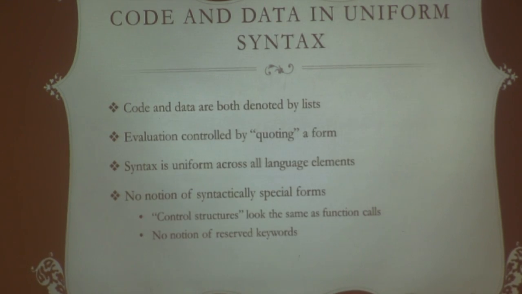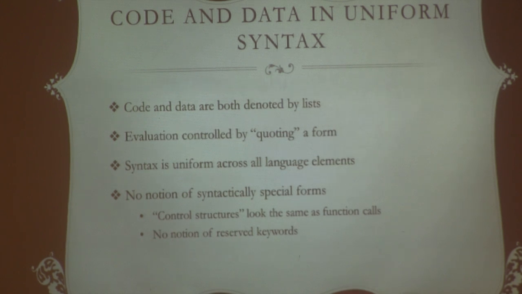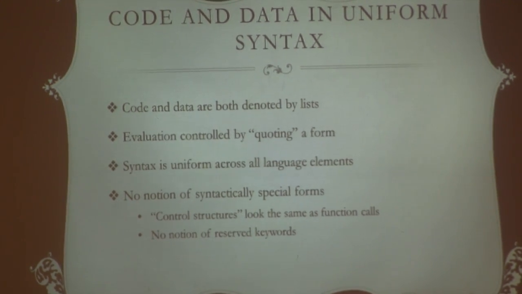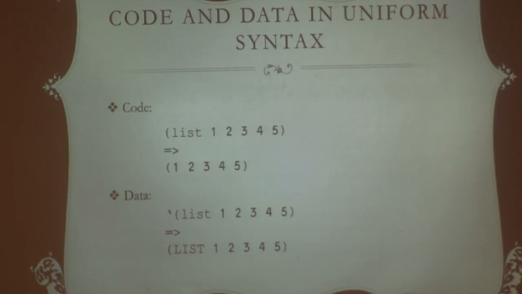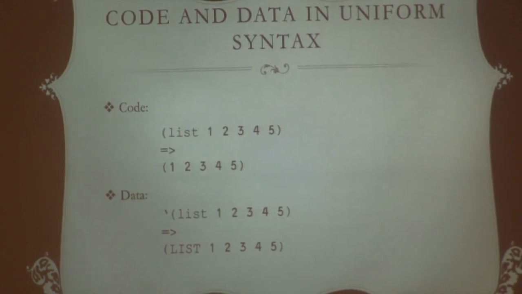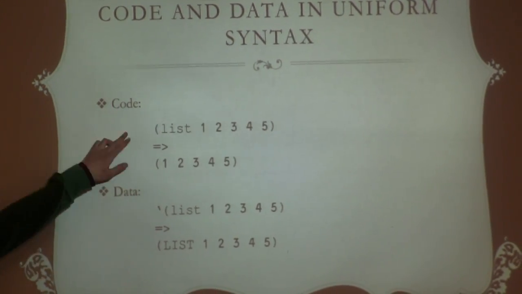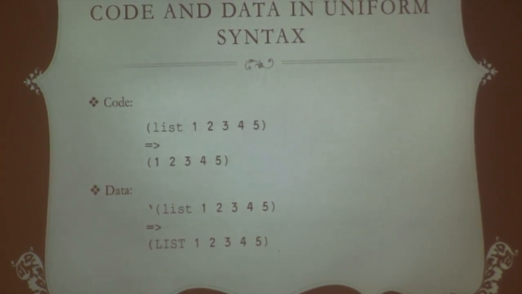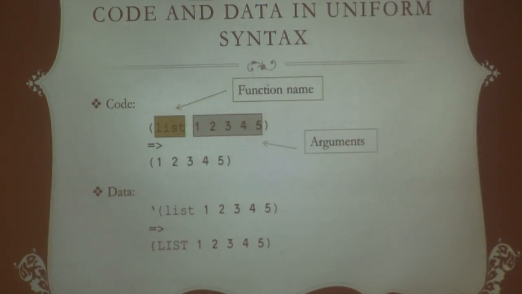Now, the biggest thing about Lisp, which is why I have parentheses, is code and data look the same. There's no notion of syntactically special forms like blocks in C++. So if you notice, this is code and this is data. Except for the fact this has a quote in front, they look exactly the same. And this is really the only slide that you need to know for Lisp syntax.